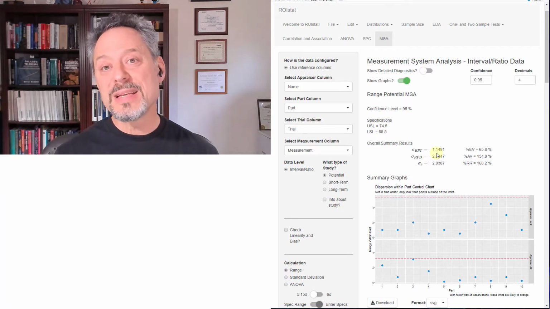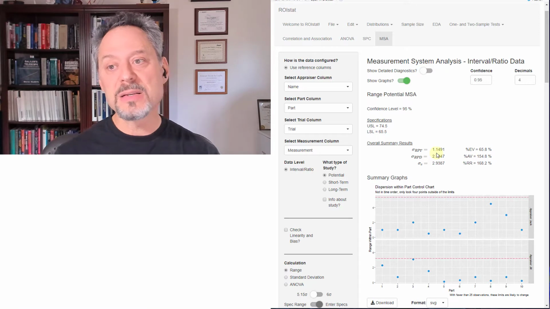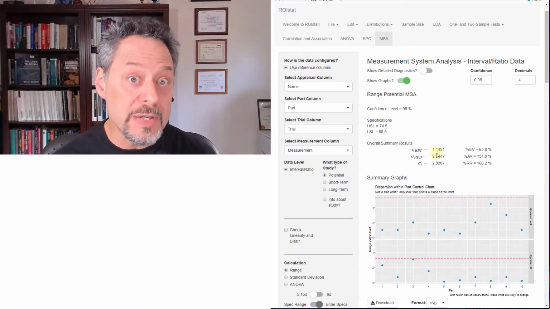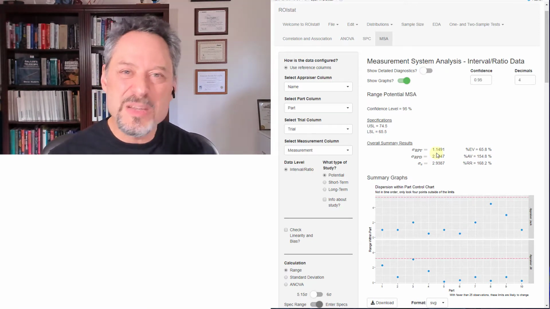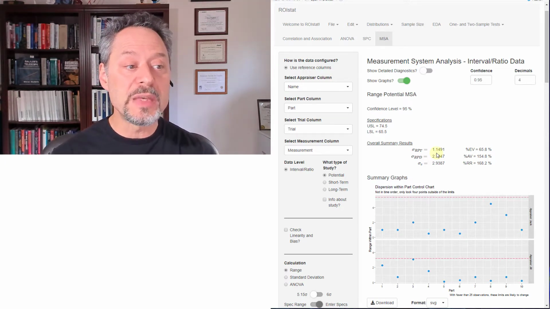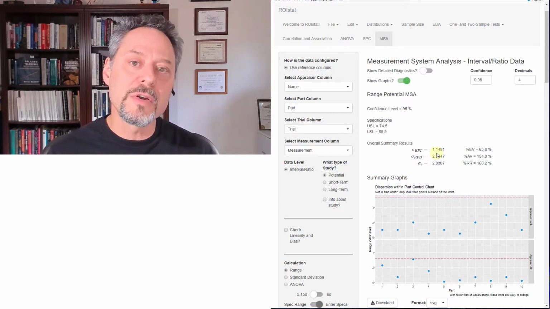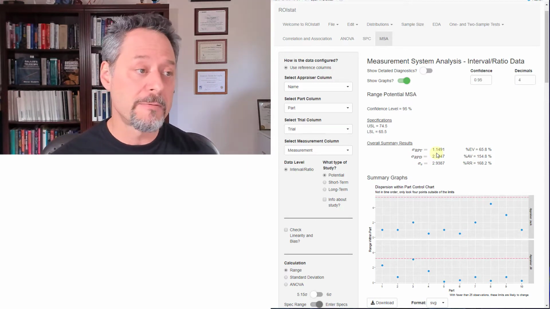Whatever that variability is might be built into the gauge itself. Now, it's a little bit larger than that because clearly I'm the one using the gauge and maybe I'm using it a little differently than someone else. Maybe there's some interaction with certain parts, but generally the EV, the percent EV, the equipment variation, is mainly the variability built right into the measurement system itself.